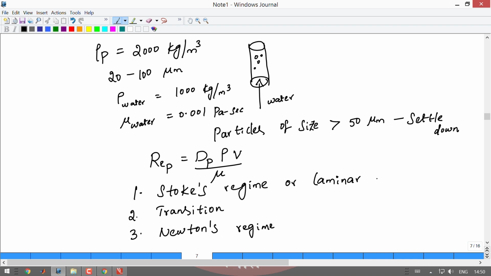So in this region the Reynolds number of the particle is less than 2, and here the Reynolds number lies between 2 to 500. In Newton's region the Reynolds number of the particle is greater than 500.